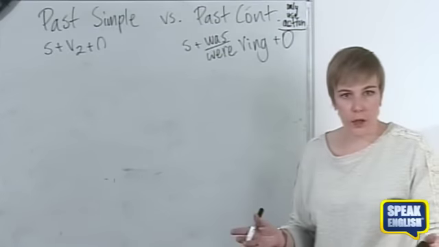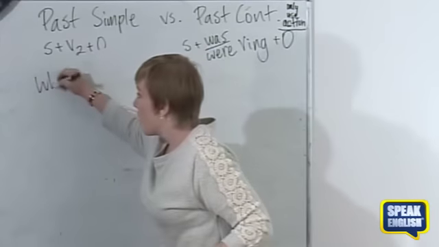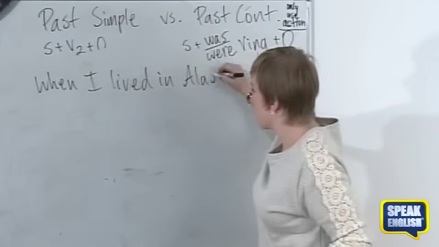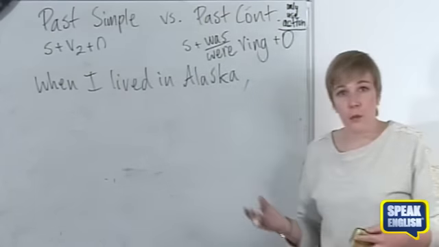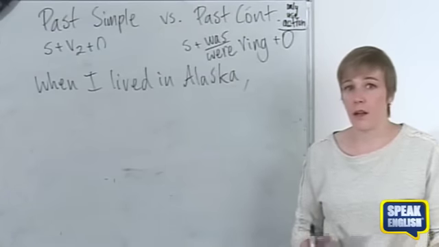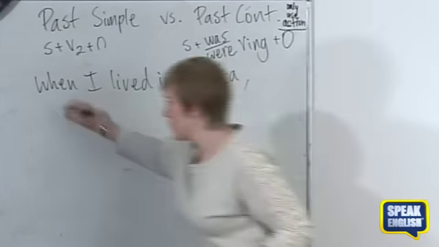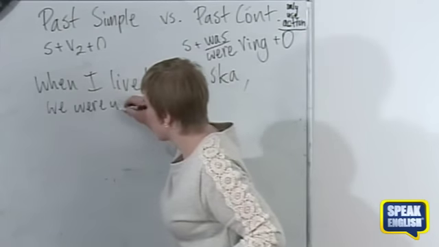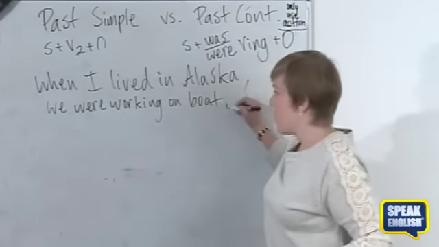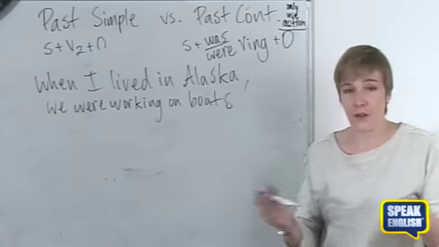So, finally, I'll tell you a little story and give you some examples from this story. I'll begin my story with when I lived in Alaska. So, this is a true story. When I lived in Alaska with my husband, we were working on boats. So I used past continuous in this sentence because it was a long time, every day.